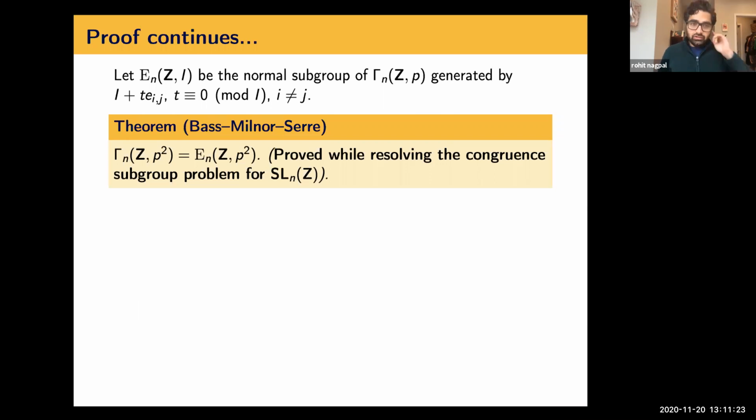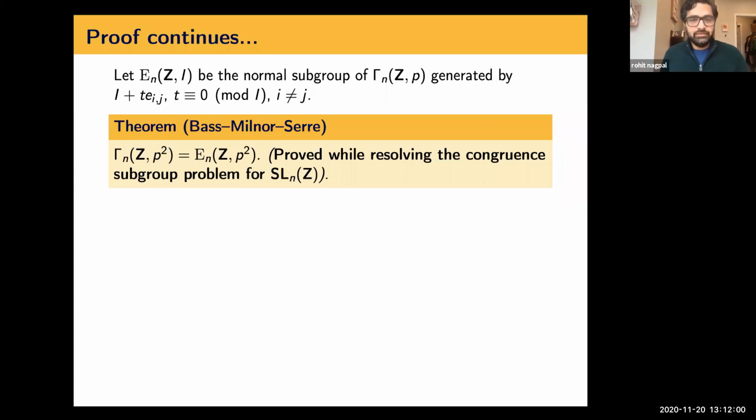For this, we need to use a nice result due to Bass, Milnor, and Serre, which says that the level P squared congruence subgroup consists of elementary matrices, right? So here E_n(I) is the normal subgroup of the congruence subgroup generated by these, identity plus t e_ij, where t is congruent to 0 mod I. We should think of this theorem as just saying that the congruence subgroup contains enough elementary matrices.